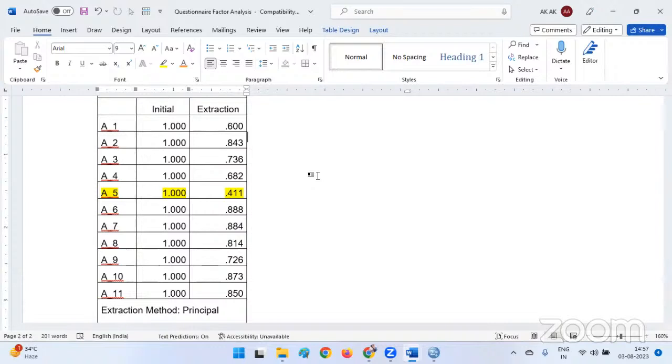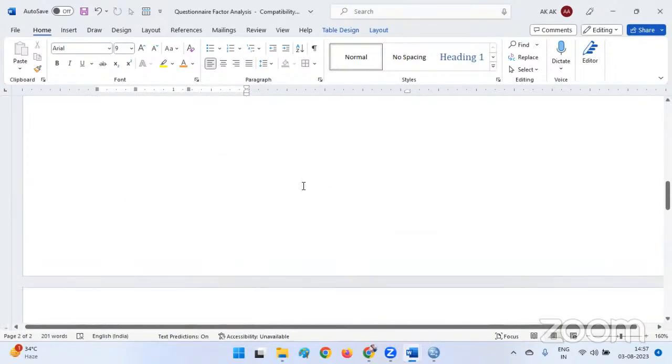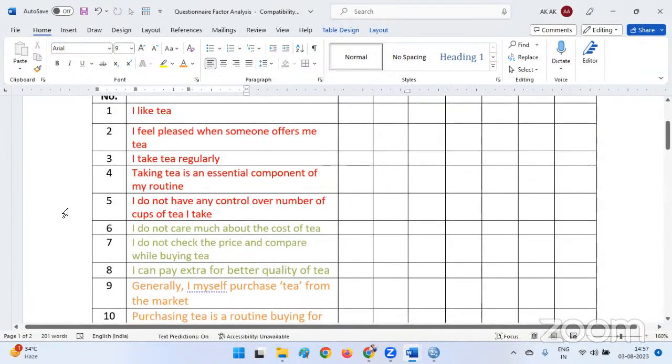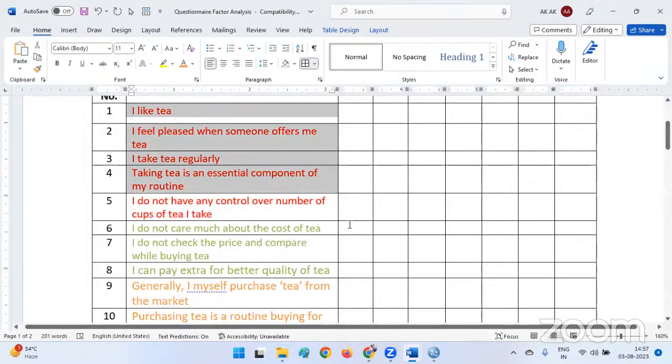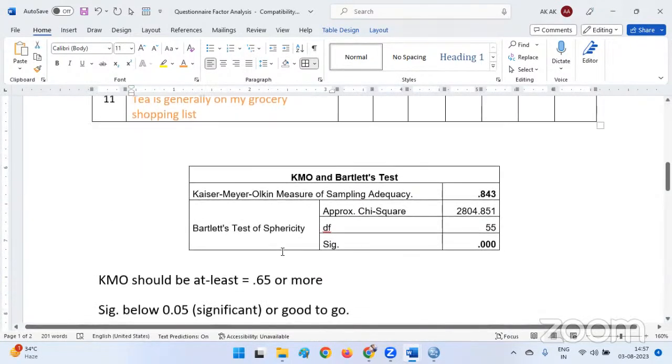Nobody would ask you why you have dropped, because we are just exploring. We are saying that this statement is not fitting into the scale. We are dropping it because these 4 statements are good, so that we can measure the things further. So we are developing a scale. So no problem at all.